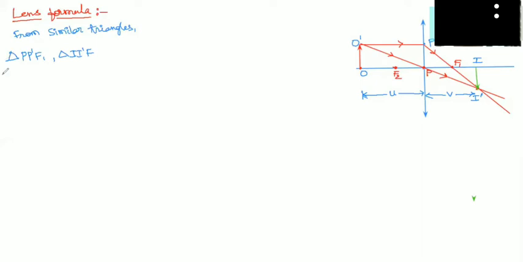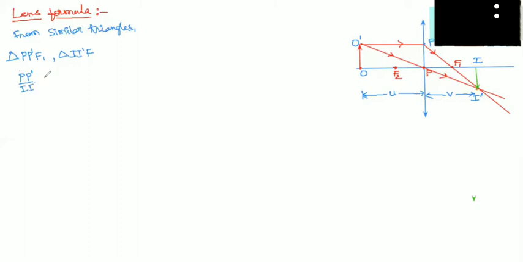Now for similar triangles, if we write height ratios, I am writing for both the triangles. For first triangle, the height is P dash, P dash is height of first triangle, by second triangle height is I dash, downwards it is.